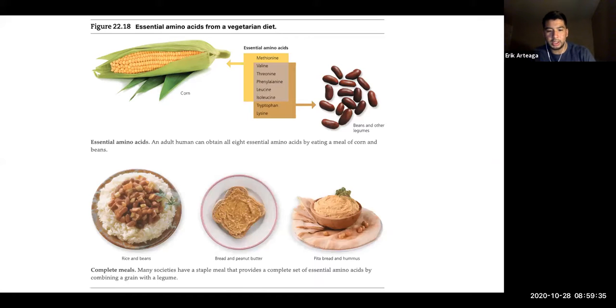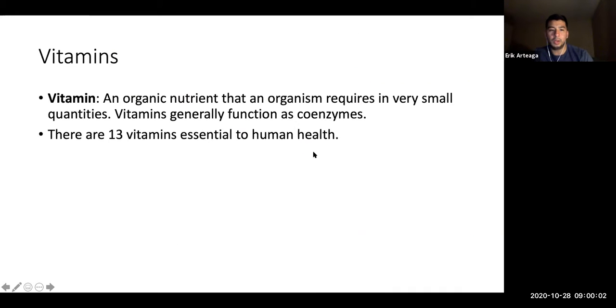So many societies have a staple meal that provides a complete set of essential amino acids by combining a grain and a legume. So again, you have peanut butter, you have hummus, which is chickpeas, and rice and beans. Again, those are going to provide you the majority of what you need in terms of your essential amino acids. You get everything from this plate of food or from the hummus, okay?